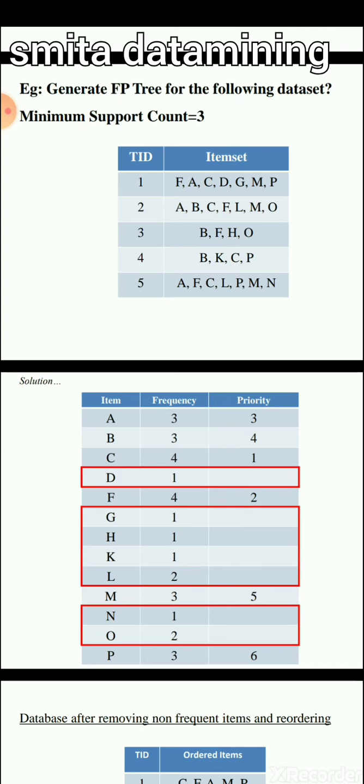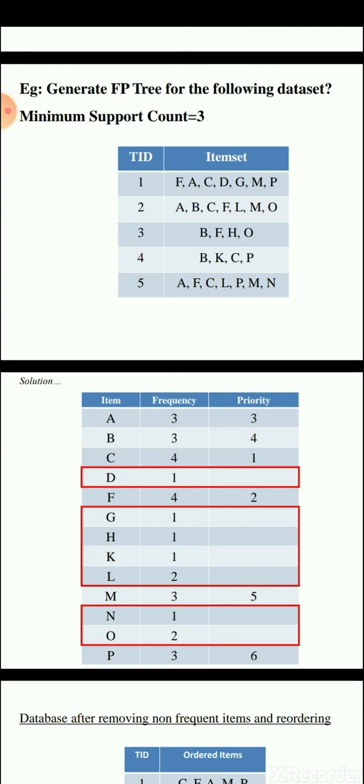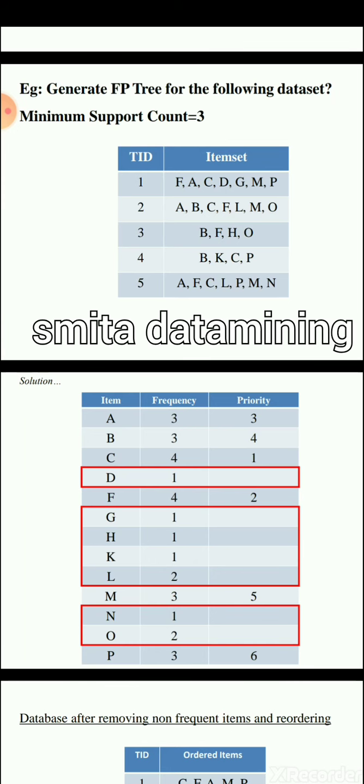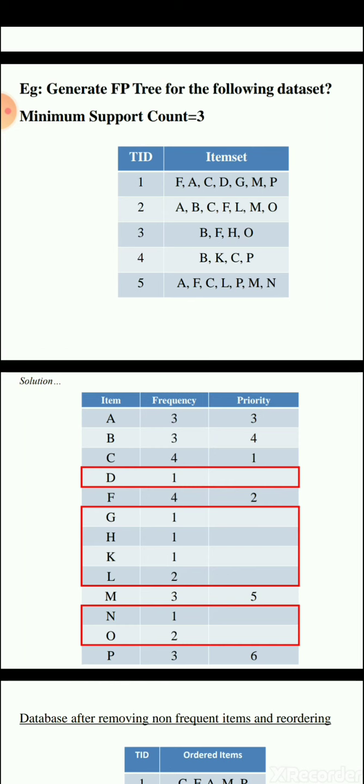For example, if the minimum support is 30% and the number of transactions is 8, then minimum support is 30 by 100 into 8, which is equal to 2.4. For easy calculation we round to the ceiling value, so the value becomes 3. Here the minimum support count is already given as 3.